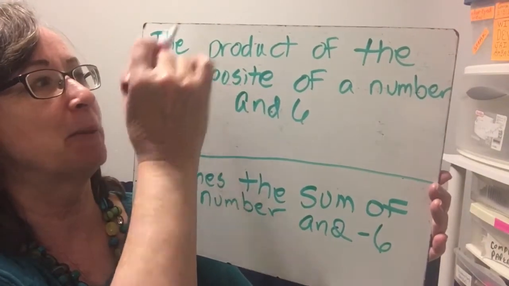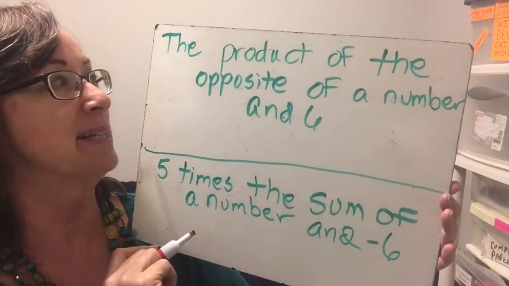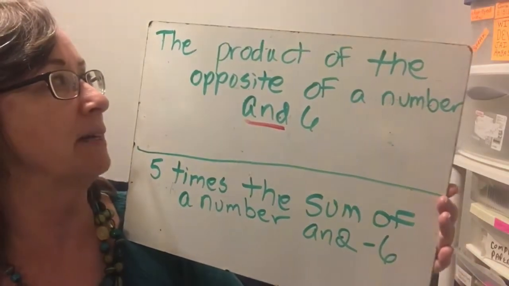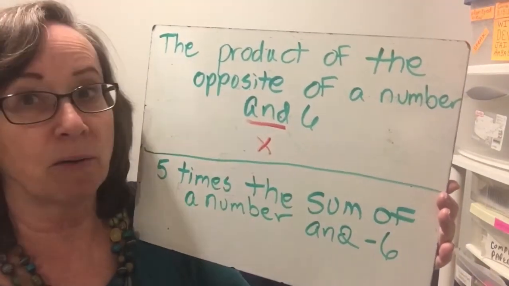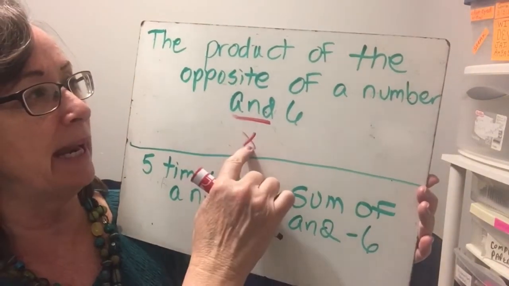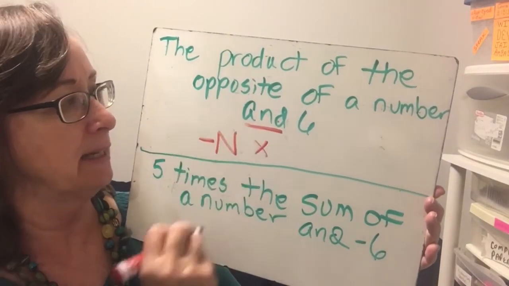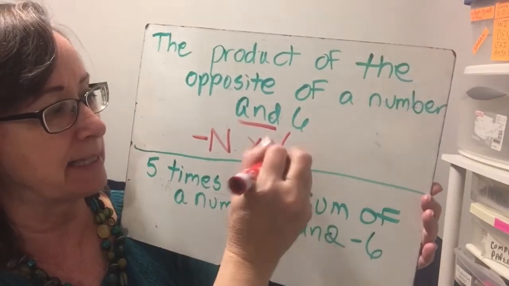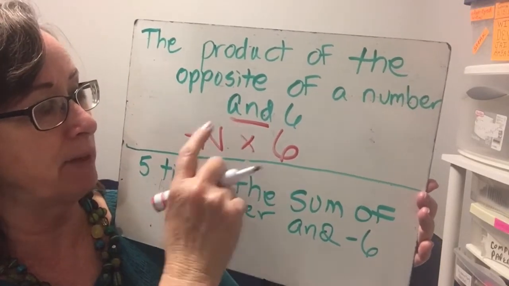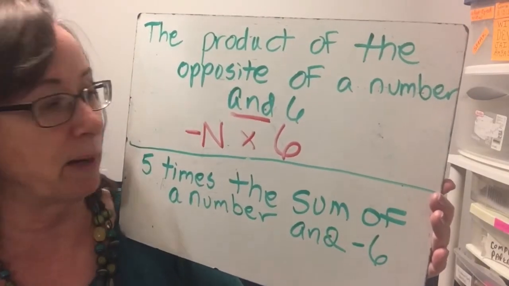All right, so here we have the product of the opposite of a number and 6. Notice there's only one and. There it is. And that's where the times sign is going to go. So times, or a little dot, or 2 parentheses. The product of the opposite of a number, which is -n, times 6. So that is correct, but it is not the simplest way to write it.